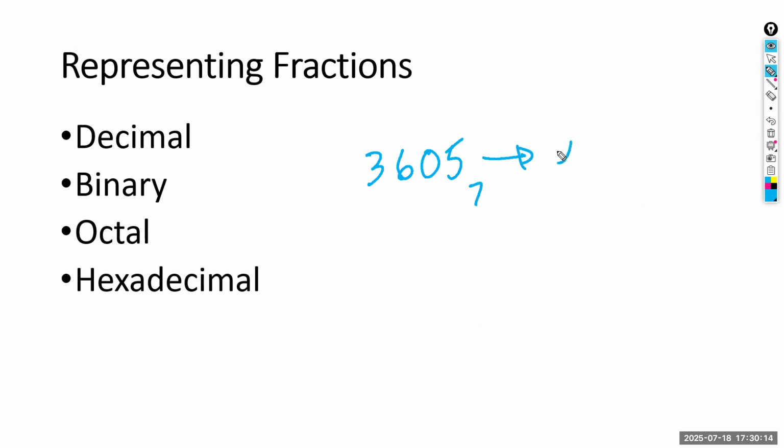Convert this into base 10. This won't take much time. This is a base 7 number.